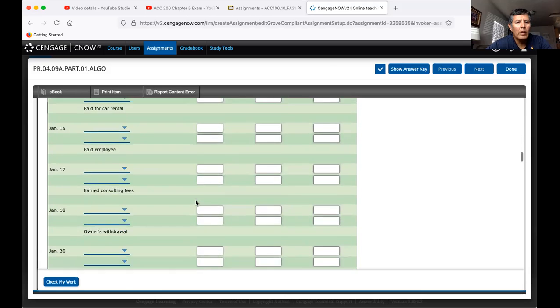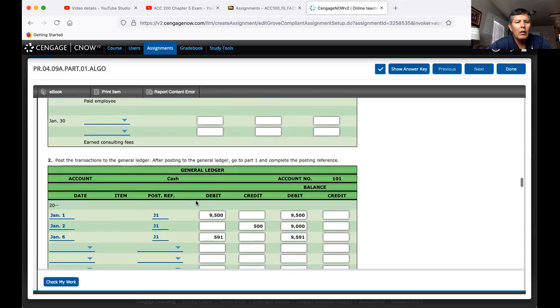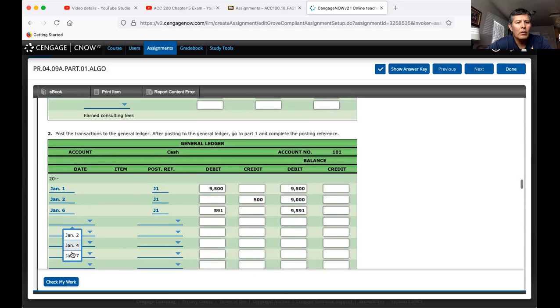So we go down here. Here's our account, January 7th. It's J1 still. And how much did we pay? We paid $43. So 95 minus 95, take away 43. That'll give us what?